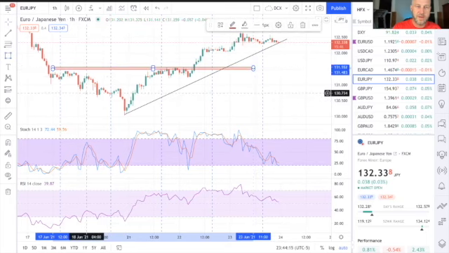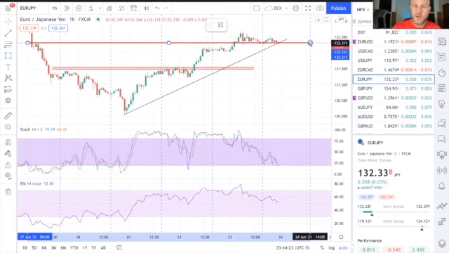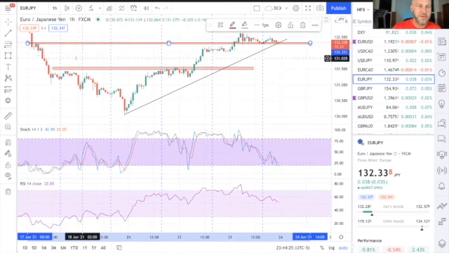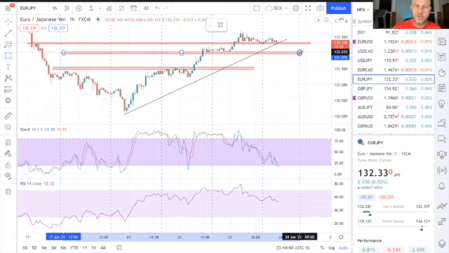And it looks like you're getting a zone right in here. That's testing off of, and that kind of tested there and then broke, but then it's using it as support here. So you could put one there as well.